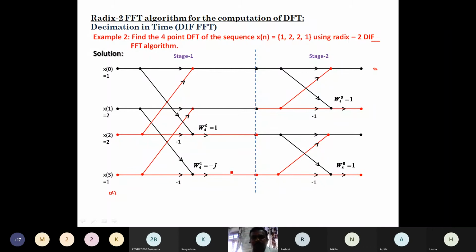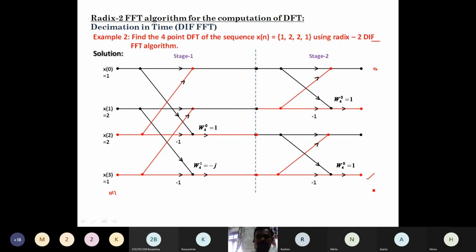So what we get is x of 0, 2, 1, 3. X of 0, x1, x2 and x3 are the input sequences.